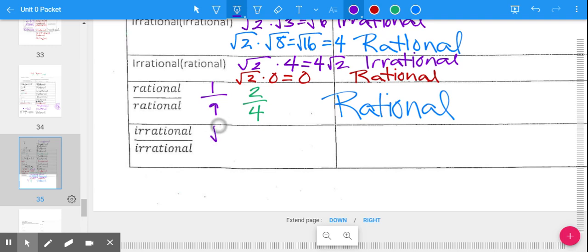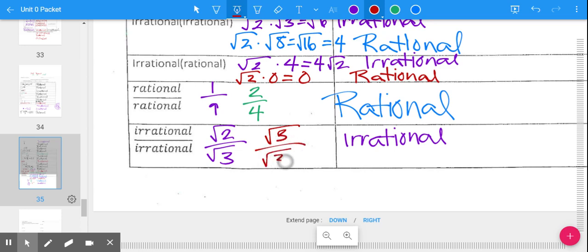So if we have square root of 2 over square root of 3, that would be irrational. If we had the irrational square root of 3 over irrational square root of 3, that equals 1, which is a whole number. So it means it is rational.